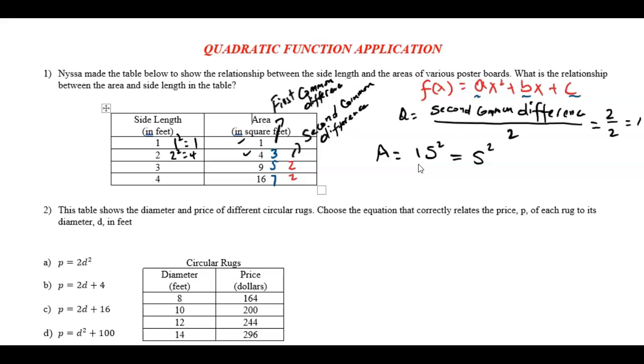If the side length is 3, then the area will be 3 squared, and 3 times 3 is 9. That's checked. If the side length is 4, 4 squared is 16, 4 times 4 is 16, and that's checked. So that satisfies the equation. So the relationship between the area and the side length is that the area is the side length squared. And that's it.